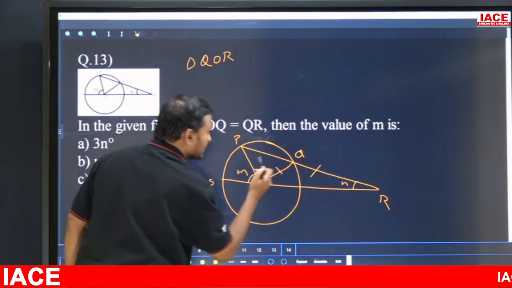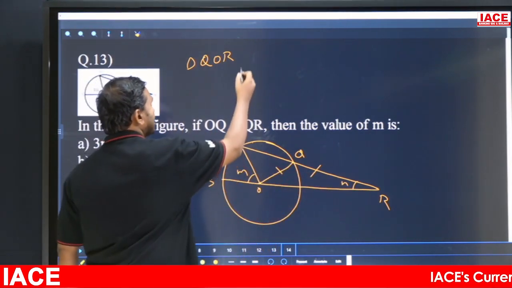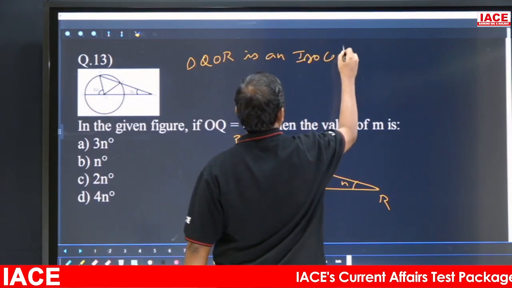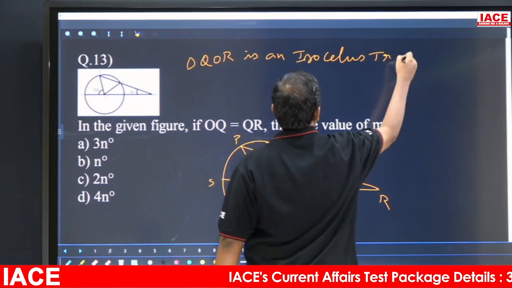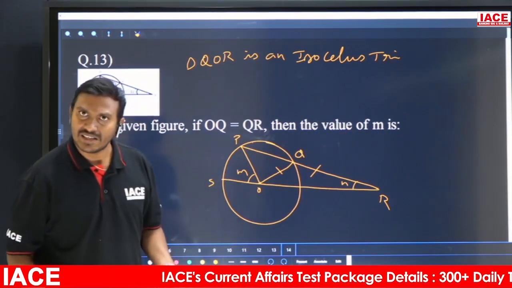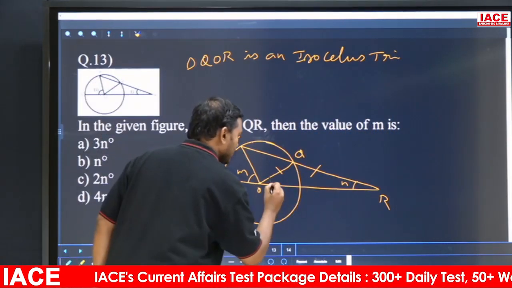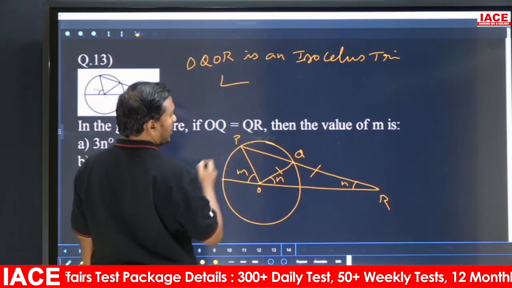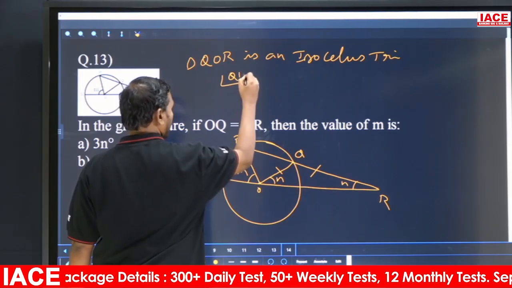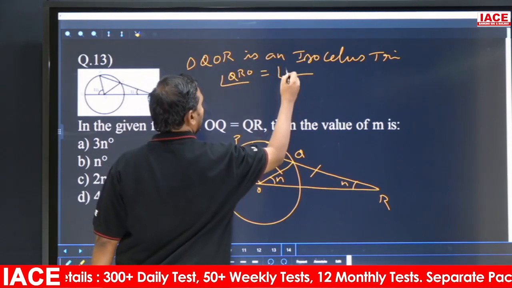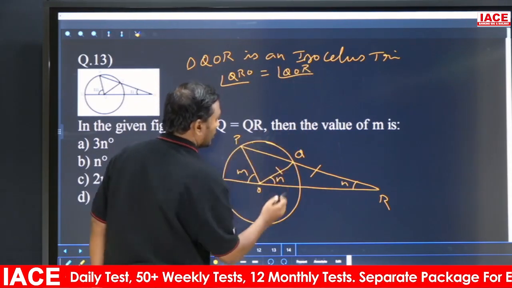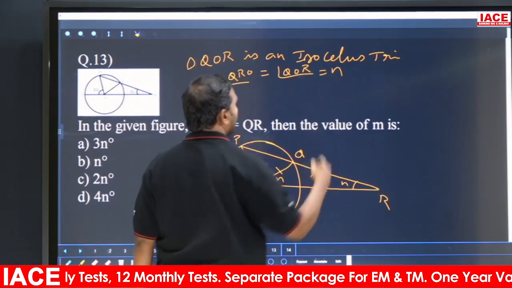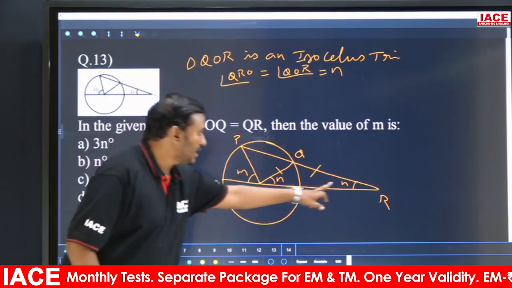Two sides are equal, so it is an isosceles triangle. In an isosceles triangle, corresponding angles are equal. So this is N, which means this is also N. That means angle QRO equals angle QOR, and both are N.